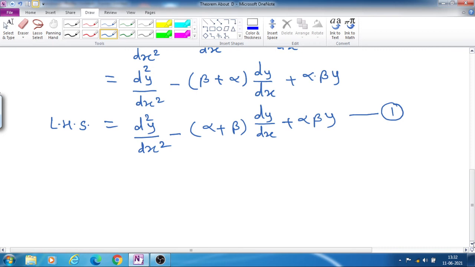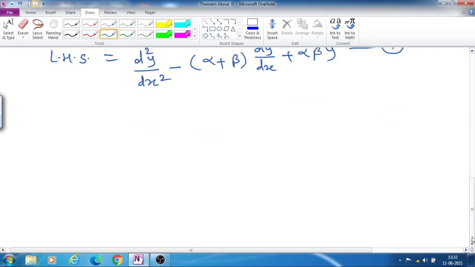Now we have to find out RHS. RHS is equal to (D minus beta)(D minus alpha) y.